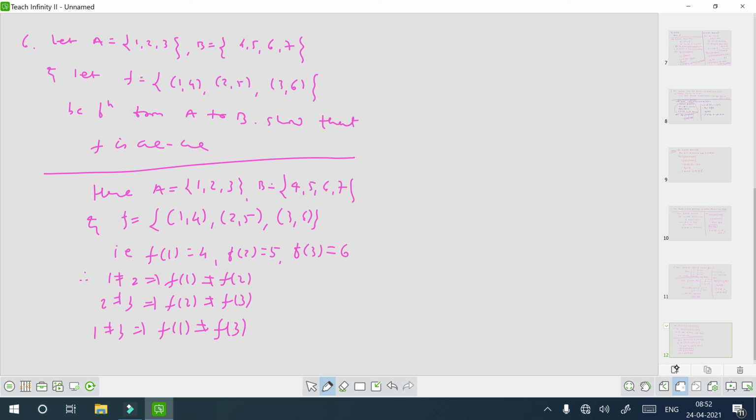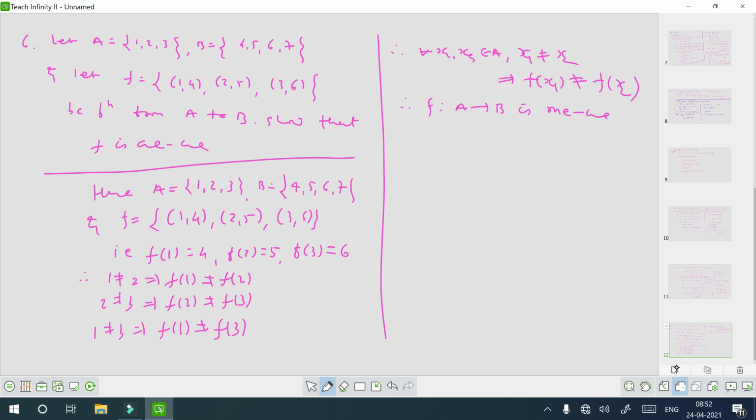So we can write, for all x1, x2 belongs to A, x1 not equal to x2 implies f of x1 not equal to f of x2. Yes or no? Yes. And therefore f from A to B is 1-1.